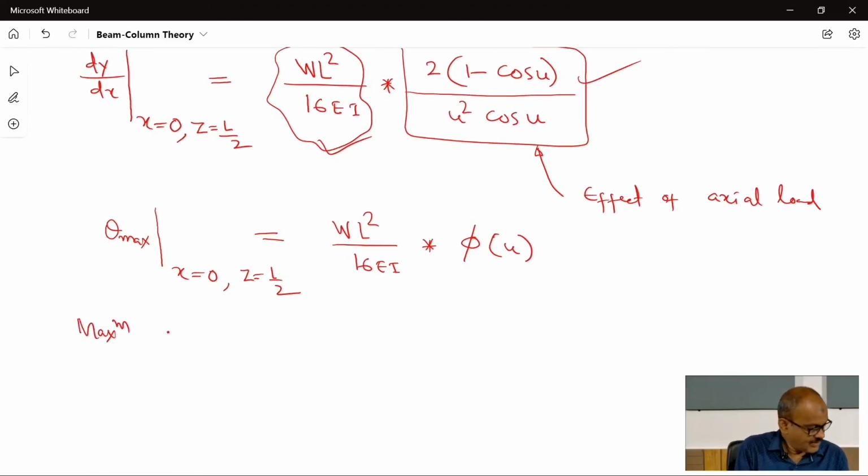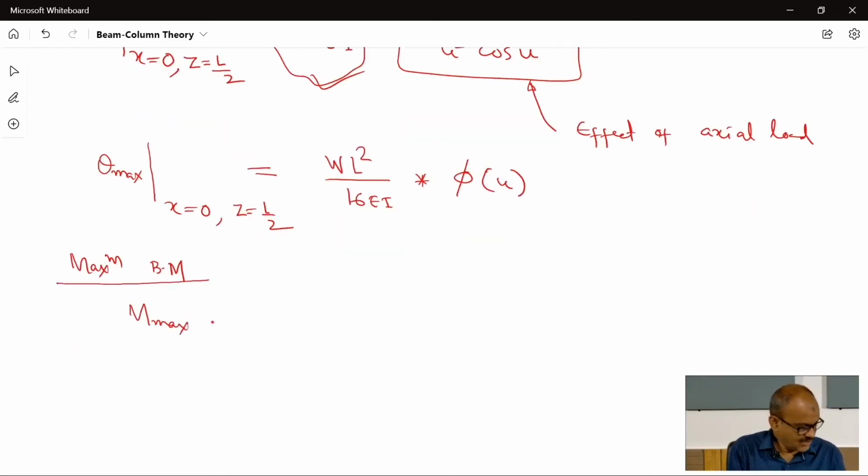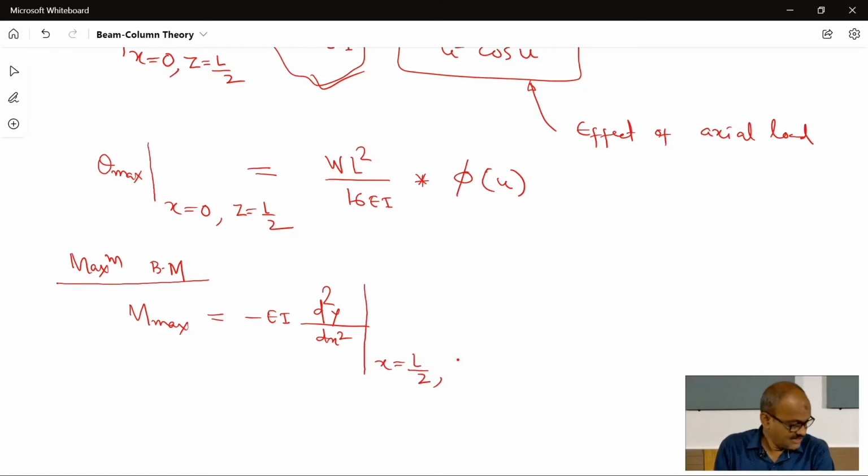The maximum bending moment we can calculate. The expression is minus EI into d square y by dx square. You will have to calculate where x is equal to L by 2 and the load is also at the center, meaning z is equal to L by 2.